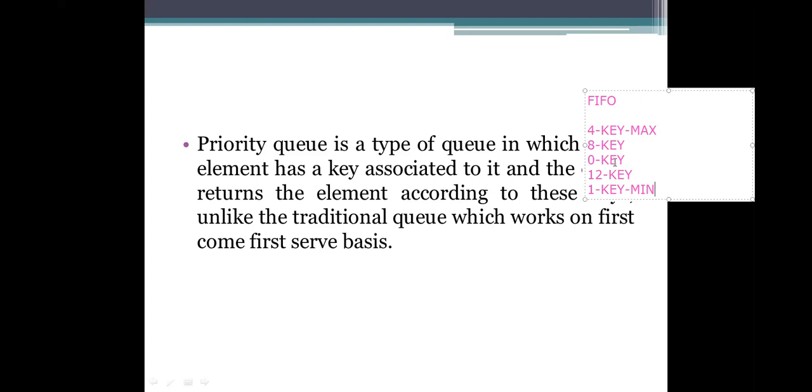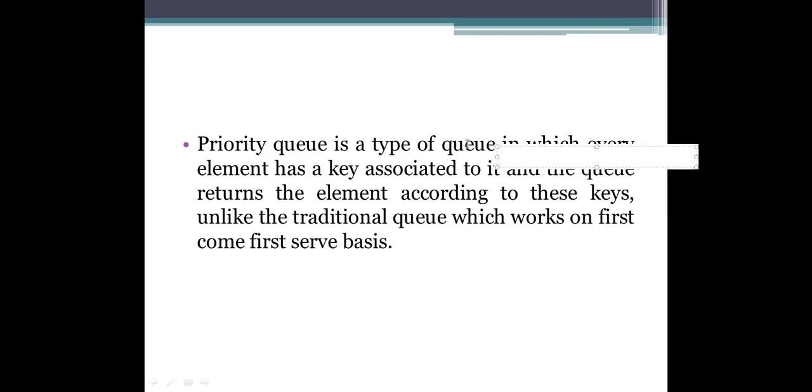So each and every element is associated with a key, which we will specify as a priority. Okay. This priority queue uses the heap concept and is implemented by using the heap tree representation.